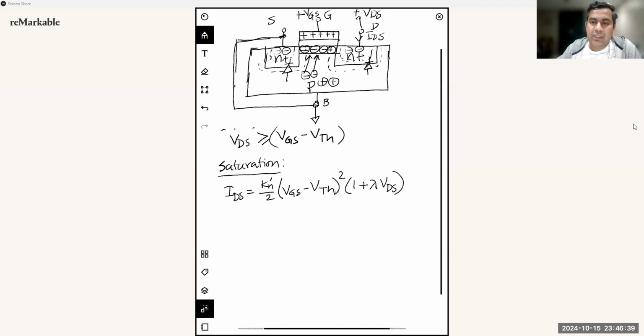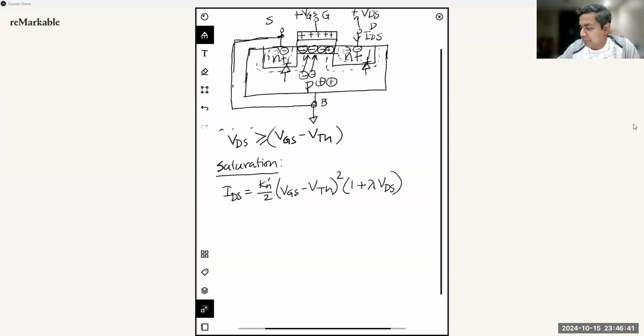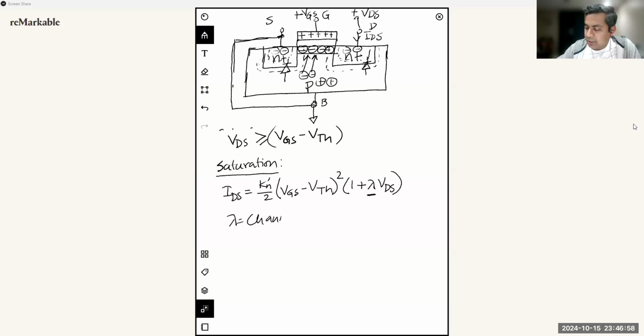Even if we increase the VDS value, it's supposed to be a constant. But here you can see clearly that IDS still depends partially on the VDS value via this lambda parameter. So lambda is called the channel length modulation parameter.